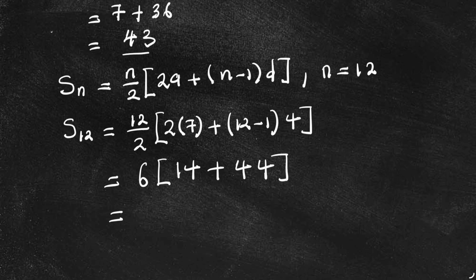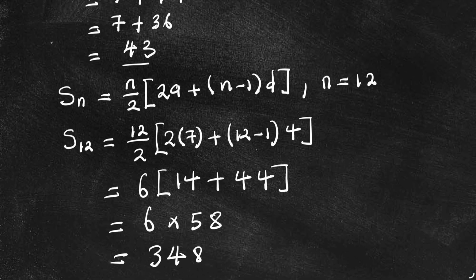Remember, you don't use a calculator in paper 1 normally, so you can easily do the multiplication. 14 plus 44 gives us 58. Then 6 multiplied by 58: you can multiply 6 by 8, then 6 by 5, so you have 348. So the sum of the first 12 terms is 348, guys.